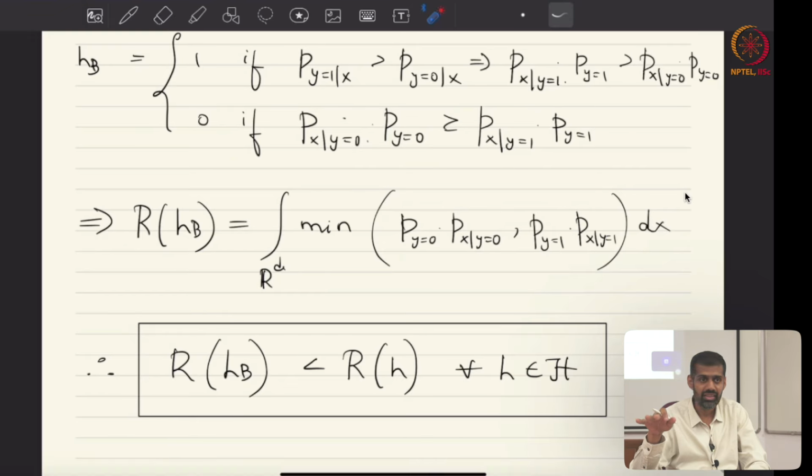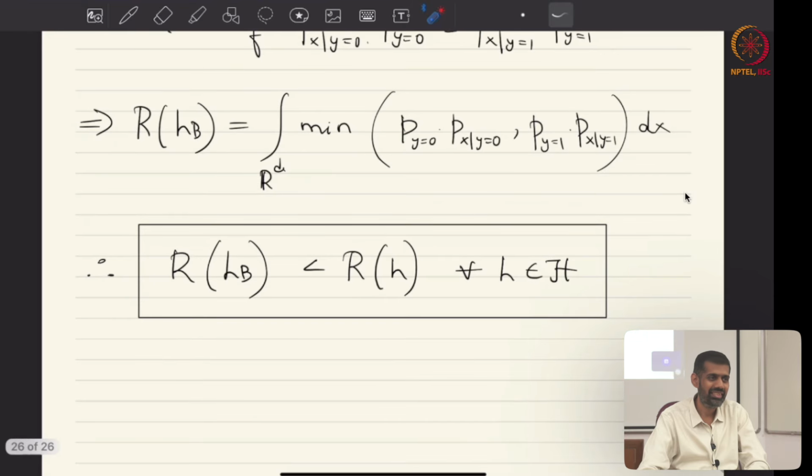Now suppose we choose our loss function as the squared error loss, and we take up the problem of regression where y is in R or R^k. Can you guess what would be the optimal risk minimizer?